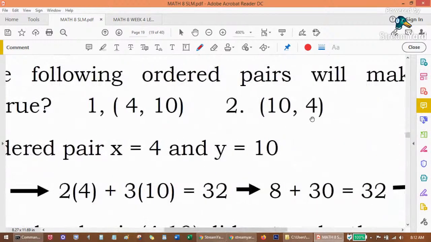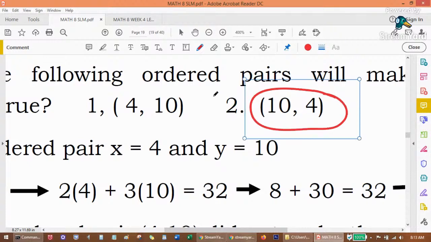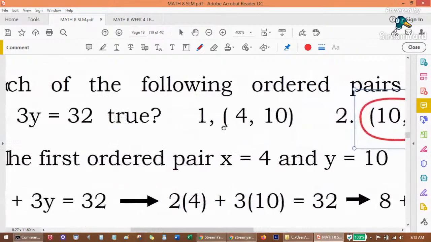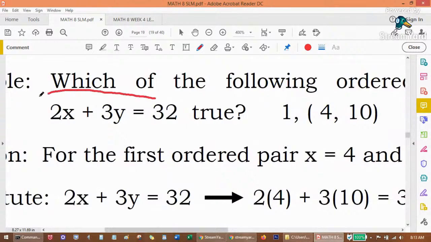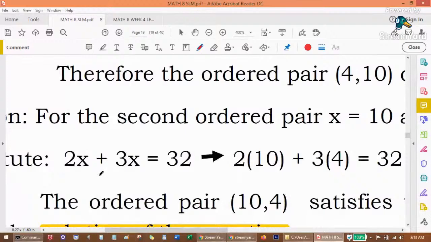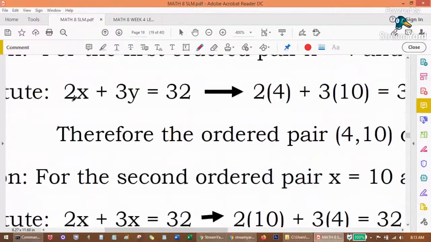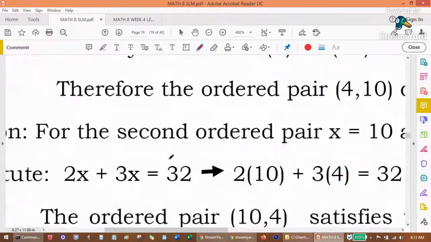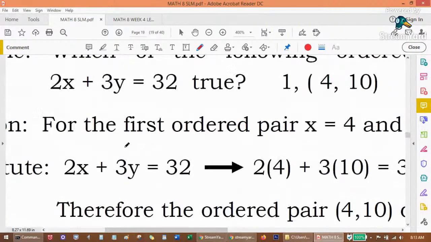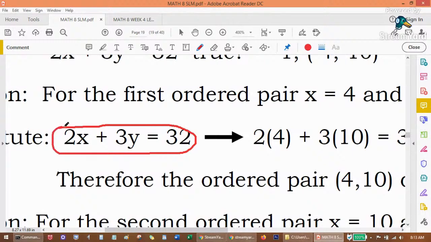Okay, so next, let's try the second ordered pair, 10, 4. Let's try if this is the true ordered pair of this linear equation. So, ganun din ang gagawin natin, kagaya ng ginawa natin sa first. Copyin muna natin. Let's copy first the linear equation, yung original.